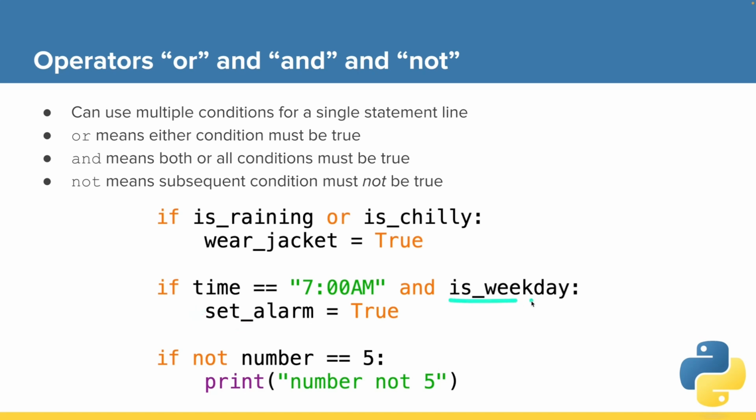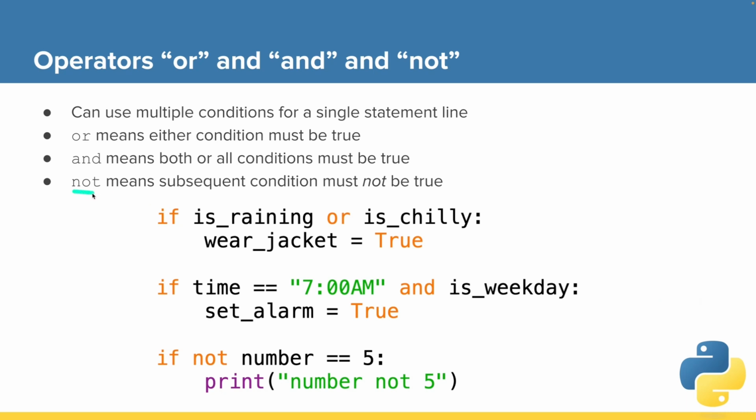However, if it is a weekday, but the time is not 7 a.m., if this expression evaluates to false, we will not execute this code. Or if it's a weekend, so if this evaluates to false, we still will not execute this code. So both conditions must be true when we use this and. And again, we can have multiple and operators.